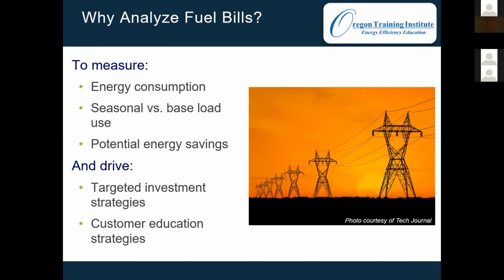And where is most of that energy being used? Is it seasonal or is it base load? Then we can focus on ways to go after that usage for more savings. Like if their main usage is on base load, putting all of our effort into seasonal is not necessarily going to be the best bang for our buck, not going to do them the most good.